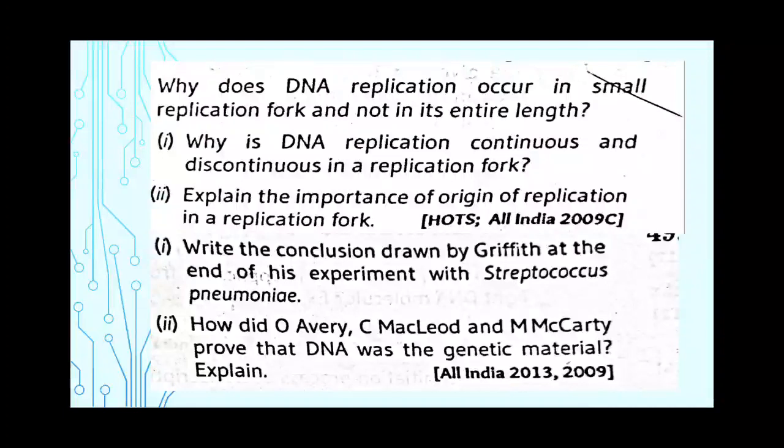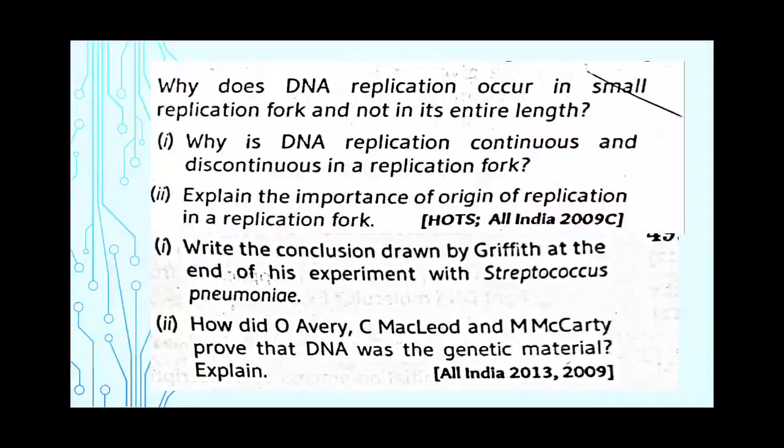So what conclusion will you write? According to him, R strain bacteria had somehow been transformed by the heat killed S strain bacteria, and this may be due to some transforming principle.